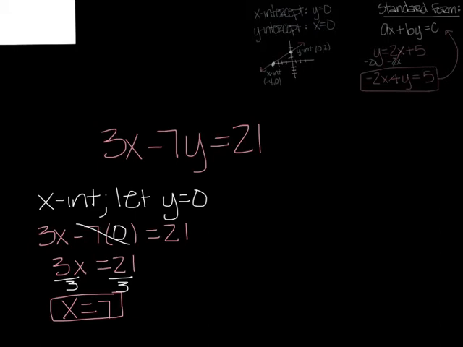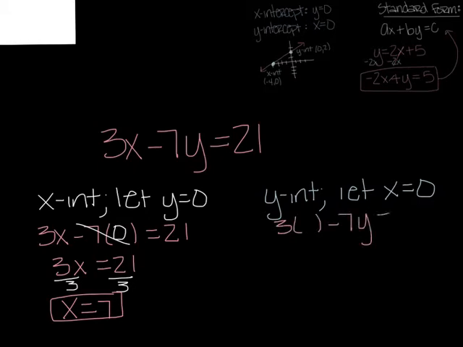Now let's find the y-intercept by letting x equal 0. So we'll write our statement, 3x minus 7y equals 21, and we'll plug in a 0 for x.